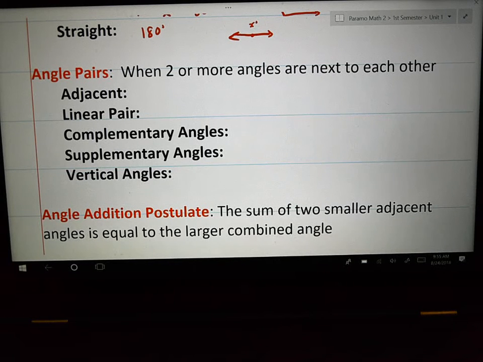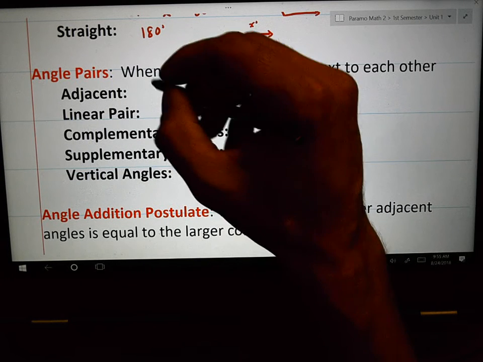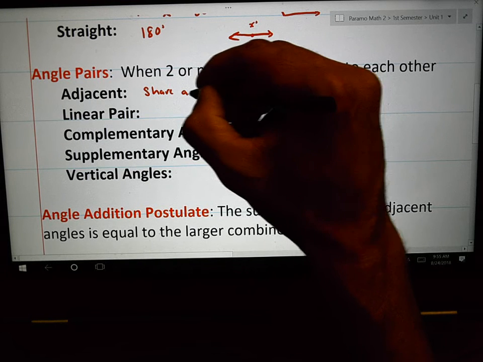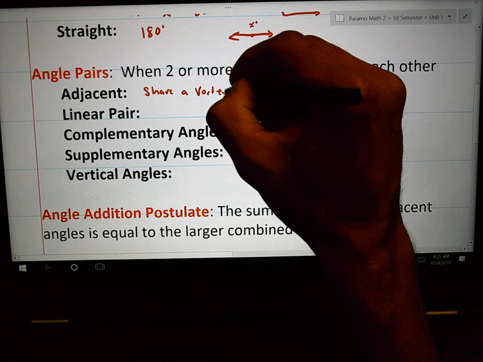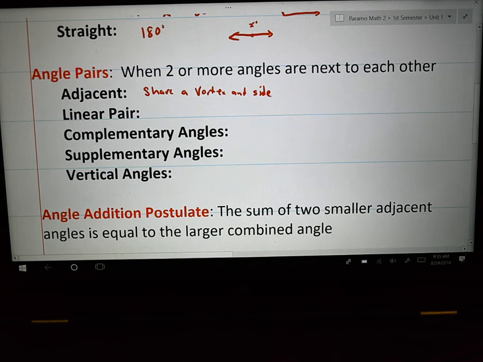Adjacent angles are next to each other, but mathematically or in words, they share a vertex and a side.